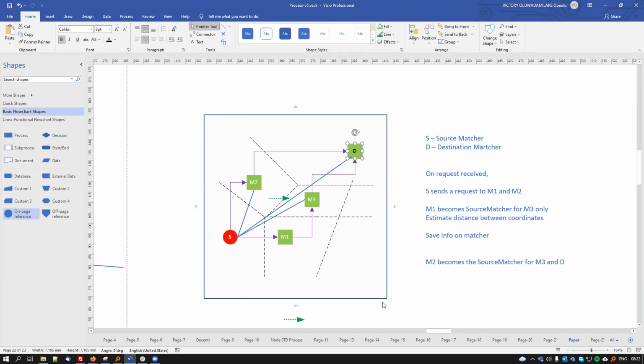So on every request, there's like a spanning tree for every request. And in a real time perspective, for every move, leave, or join, there's a sense of updating the system and developing a new spanning tree.